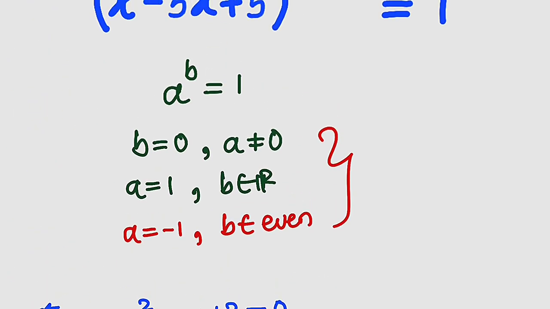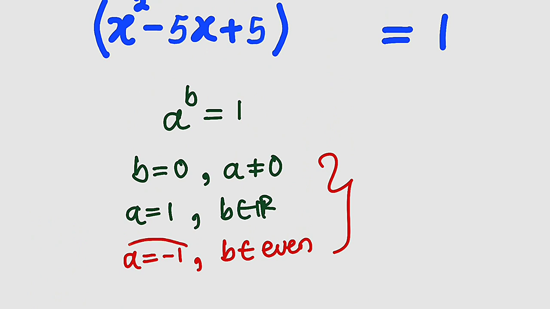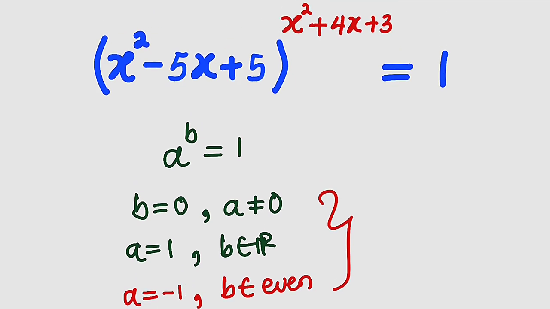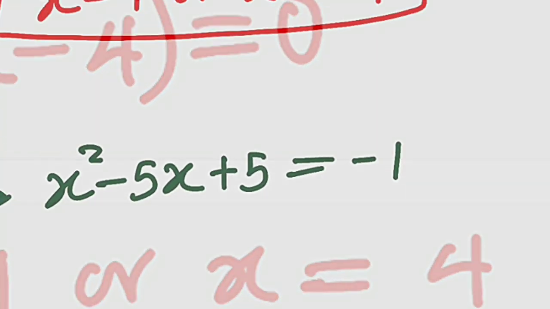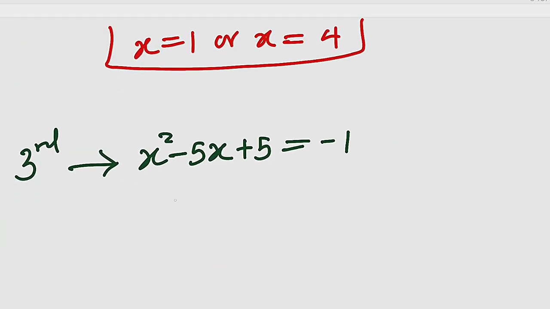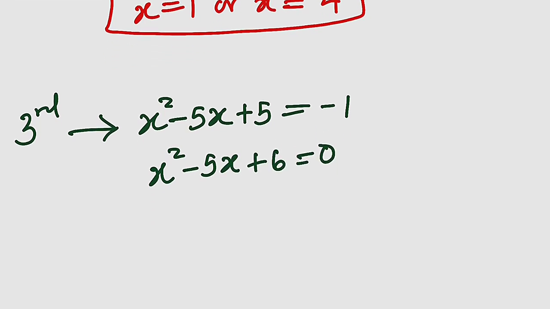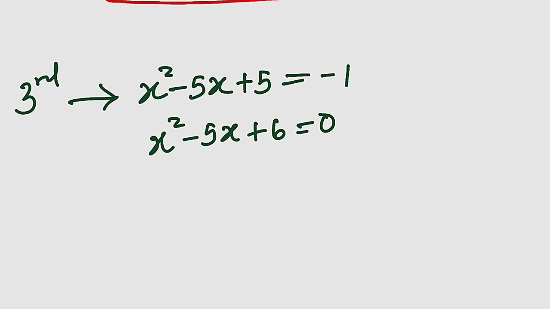And the last condition stated that if the base is equal to -1, the exponent has to be what? Even. So now let us set the base to be equal to -1. Let us add 1 to both sides. We have x² − 5x, and 5 plus 1 is 6. This is equal to 0. This is another quadratic equation that can be factorized.